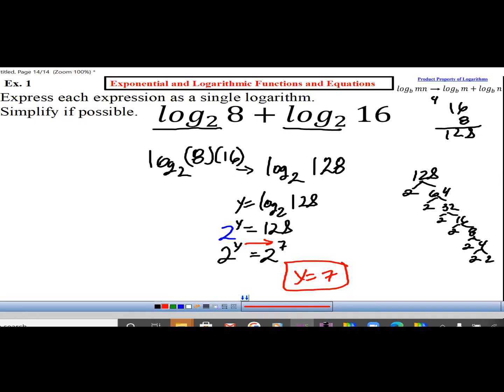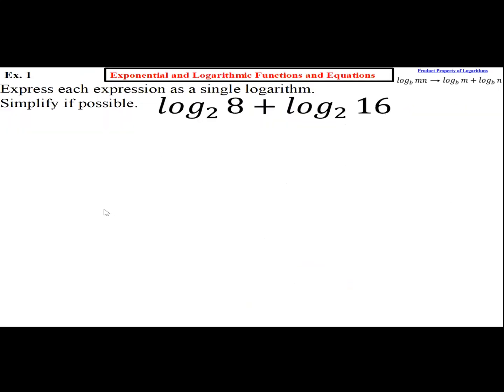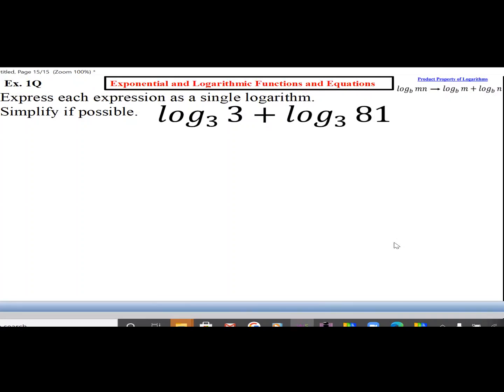Ready? All right, here we go. Example: log base 3 of 3 plus log base 3 of 81. All right. So here we go. Do we have the same log? Yes, log base 3.